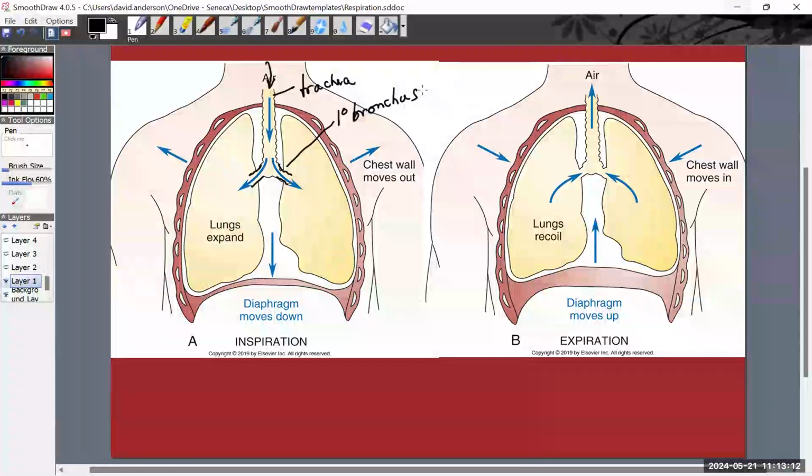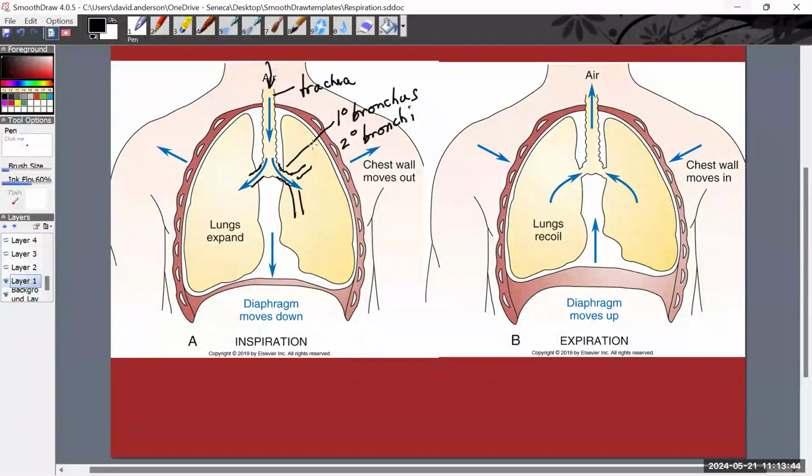Now, what we're going to notice is that from this first division, we're going to divide into additional divisions where the bronchus is going to divide again. We would call those secondary bronchi, and there are two of them.